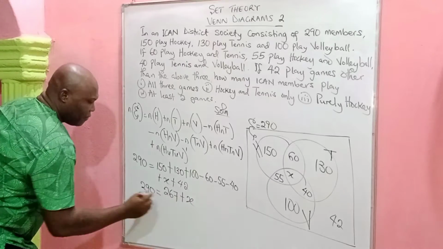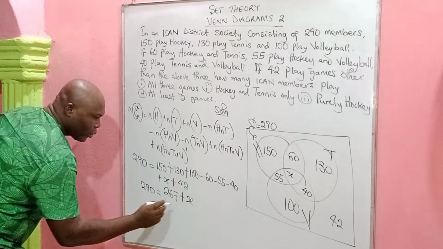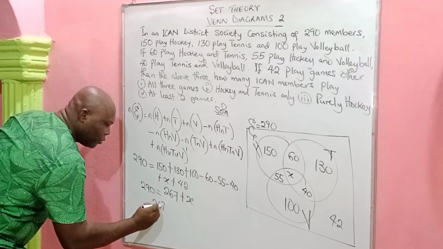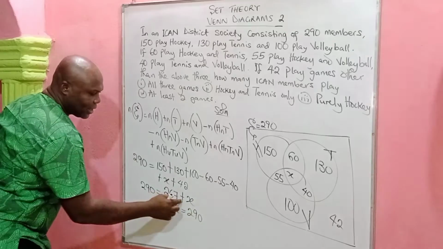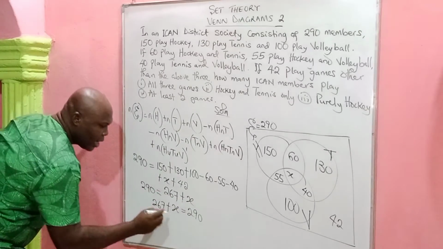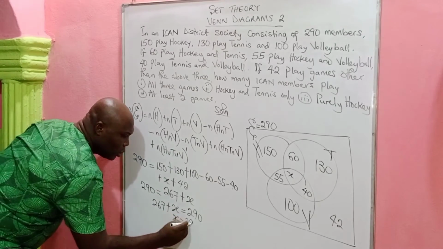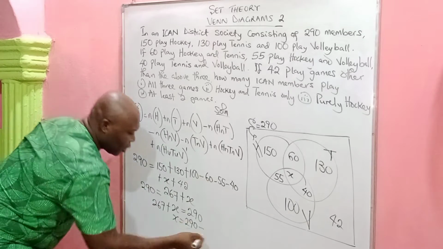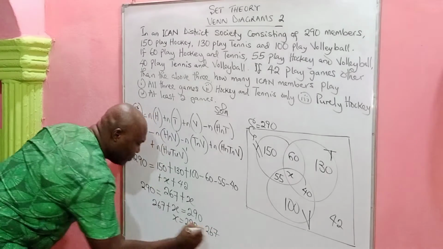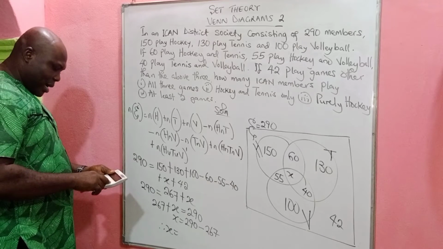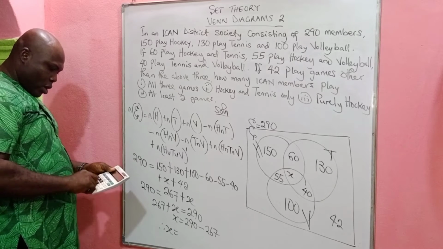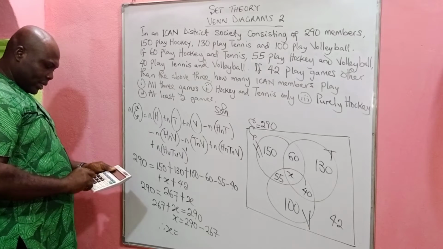It means that 267 plus x gave us 290. That's what we have. 267 plus x is giving us 290. x will be 290, this crosses to be minus 267. That gives our x to be equal to 290 minus 267.